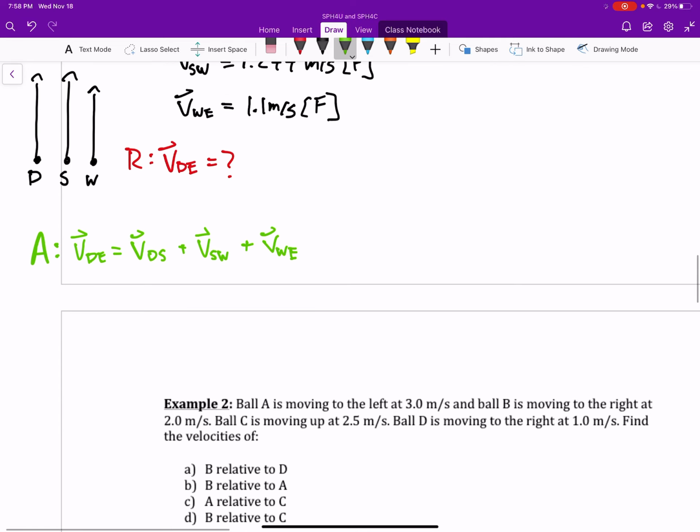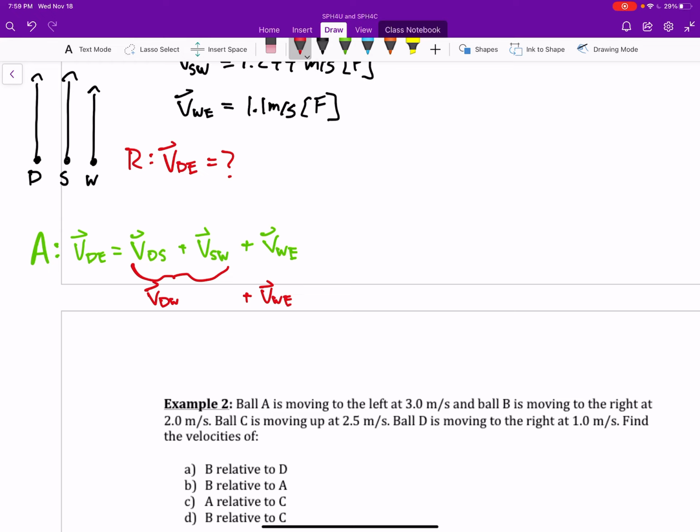You notice that these two vectors together will give us velocity of disk relative to water. And then we add that simply to the water relative to Earth. Therefore, the waters will cancel because they're both next to each other, and then the disk and Earth will combine.